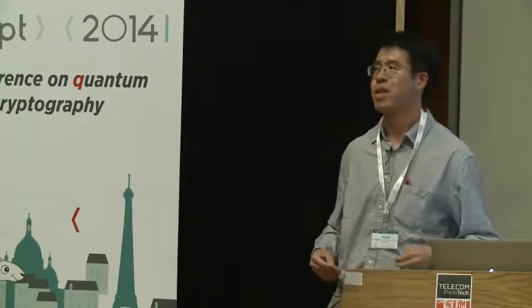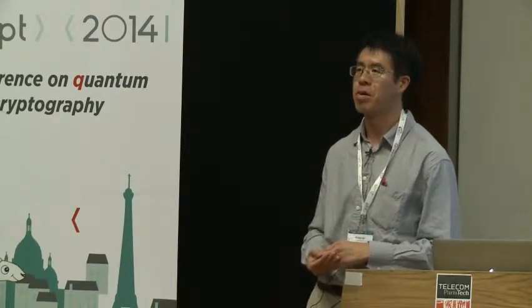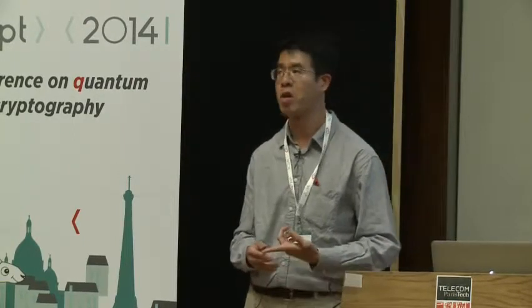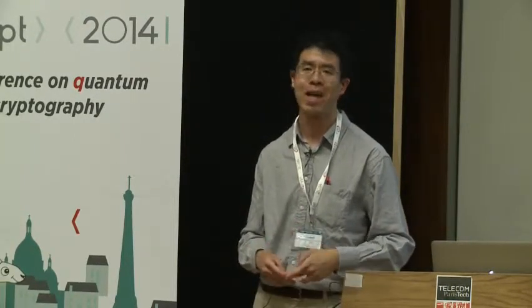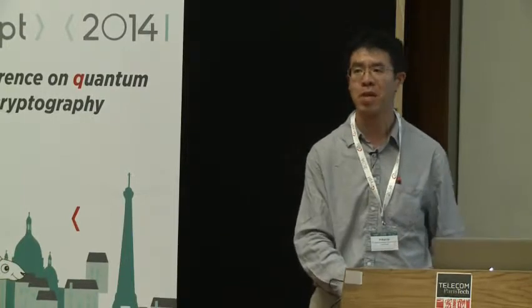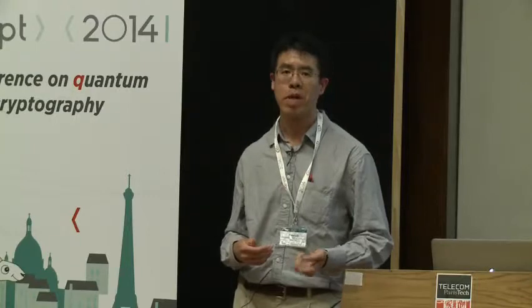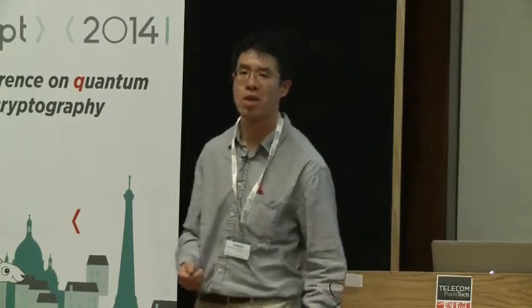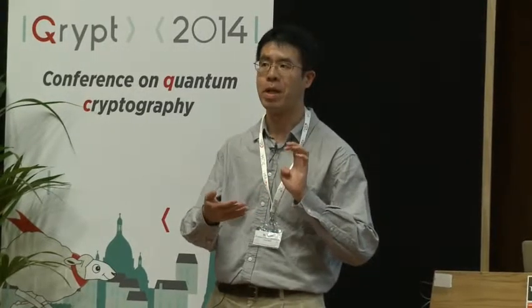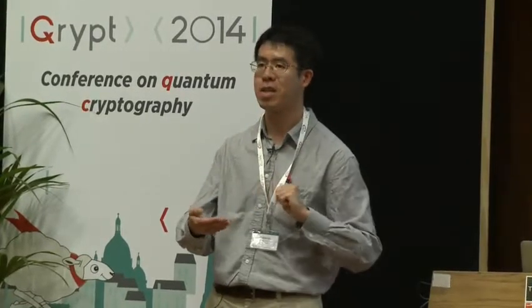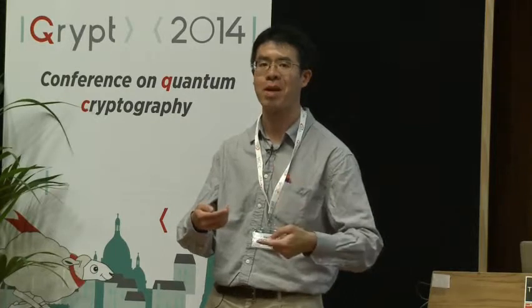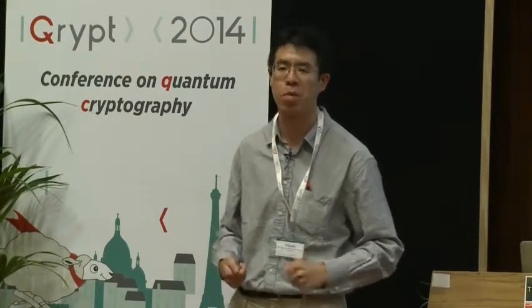And then you can also compare this to other models like the quantum bounded storage model or the noisy storage model. And again, these are different kinds of assumptions one can make about an adversary. And one can also try to combine these different models. So one can try to design protocols that are actually secure in more than one of these models simultaneously, so that as long as the adversary obeys at least one of these assumptions, then the scheme is secure.